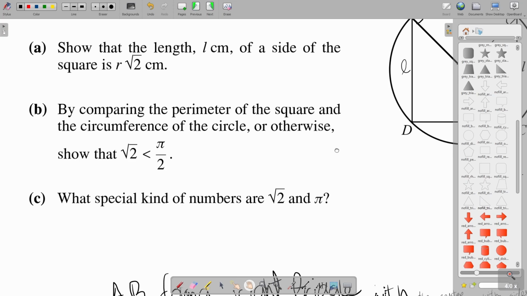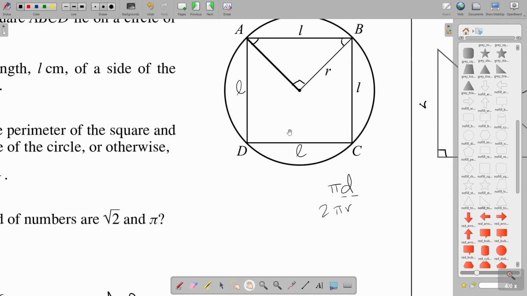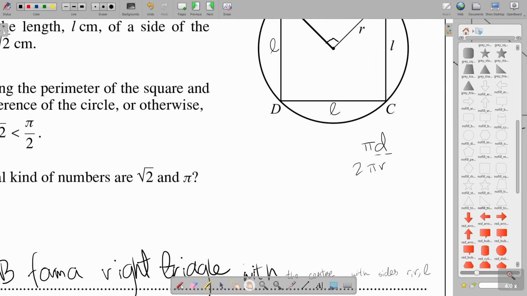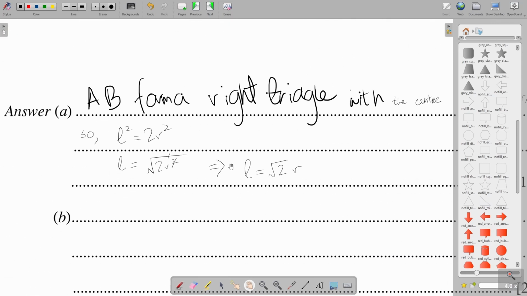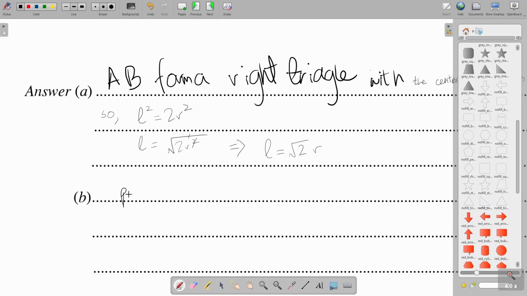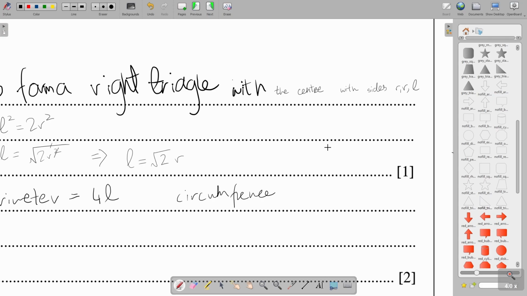So by comparing the perimeter of the square by this, we know that the perimeter is 4L, all the L's added together, and the circumference, the spelling doesn't matter as long as they understand what you're writing, is 2 pi r.